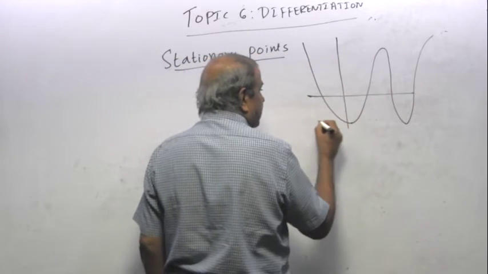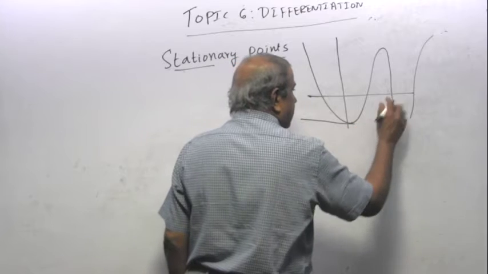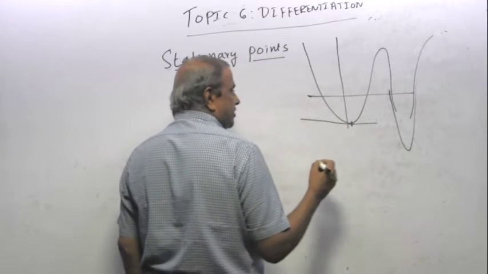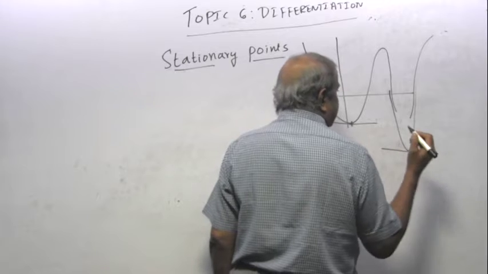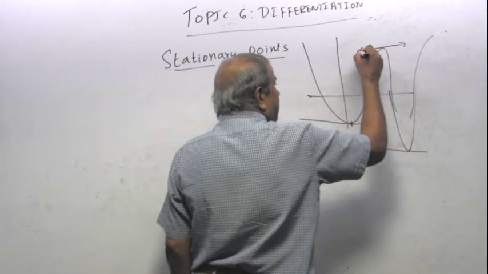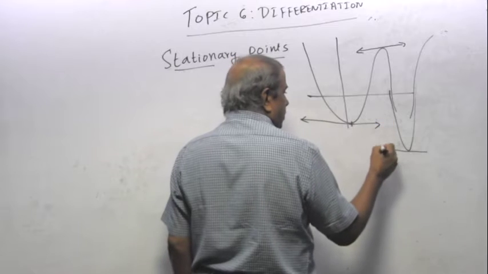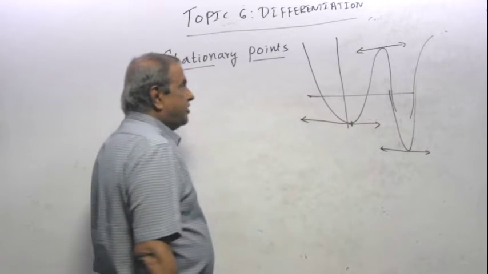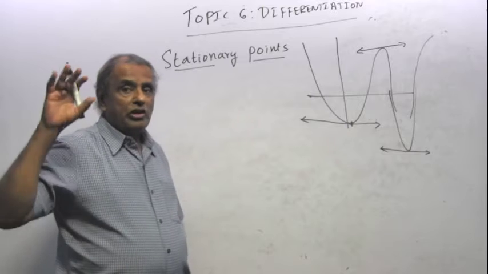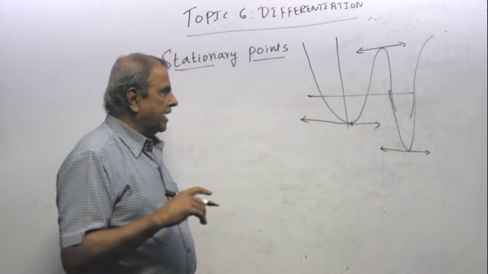At this point, the tangent is parallel to the x-axis. At this point, the tangent is parallel to the x-axis. At this point, the tangent is parallel to the x-axis. So you have 3 stationary points. I don't want to go into inflection as yet. I'll come to that later.